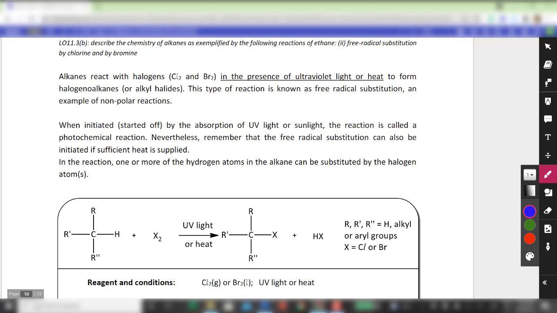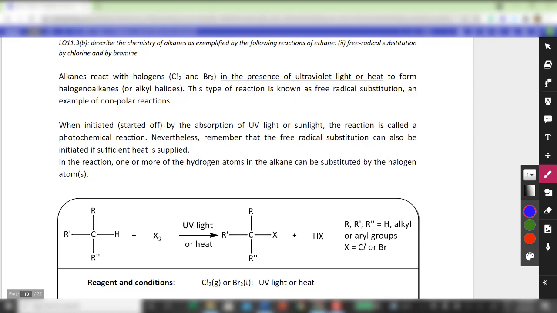We call them byproducts. Iodine is too unreactive, so in order for us to use iodine as the reagent, we can't simply use the condition we prescribe for chlorine and bromine. So by and large, in the curriculum for free radical substitution, our focus is largely on chlorine and bromine. In more advanced courses, you probably will learn a little bit more on fluorine and maybe iodine.